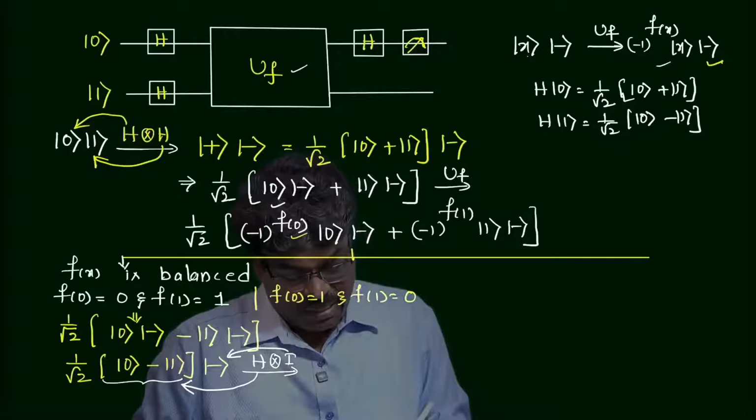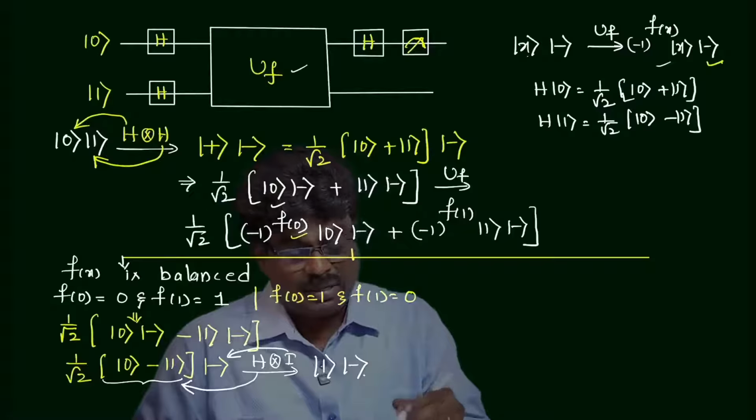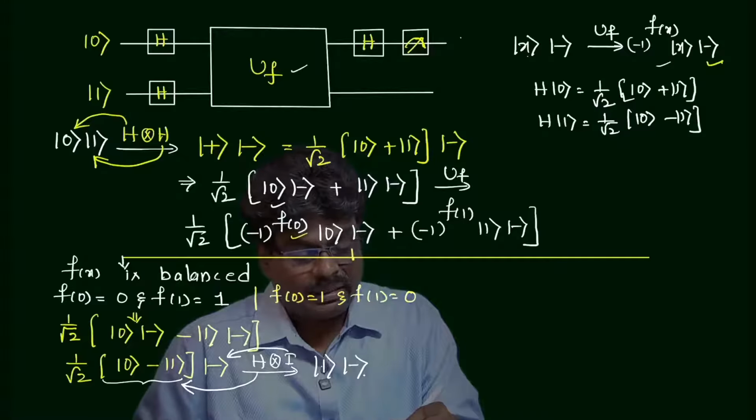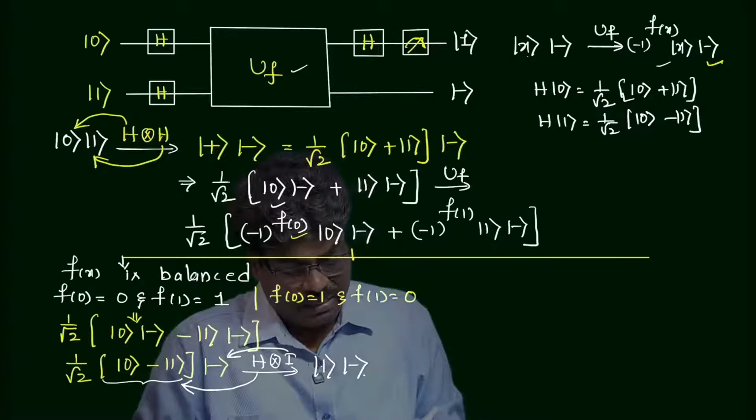So this is nothing but 1 minus. Once you make the measurement, here you will get a 1 and here you will get a minus as it is. Once you make the measurement on the first qubit, you will get 1.